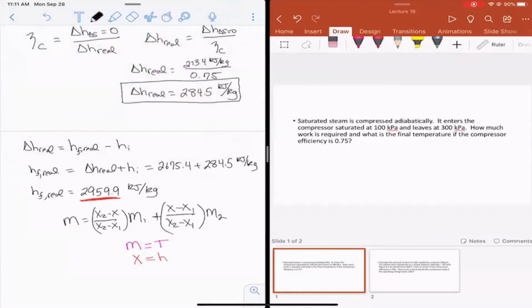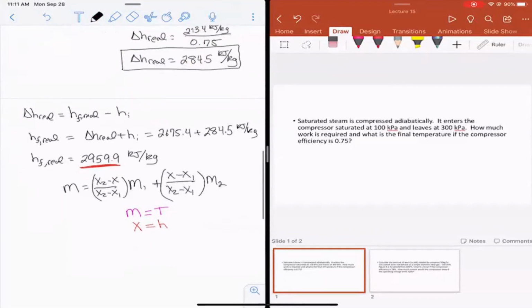So I went in the steam tables, and we're still at 300 kilopascals because the pressure is the same. Now what I'm looking for are consecutive data points in the steam tables, one that has an enthalpy value just above this one, underlined in red, and one just below. If you do this, then at 300 kilopascals, at 225 degrees C, the enthalpy value is 2916.9 kilojoules per kilogram.